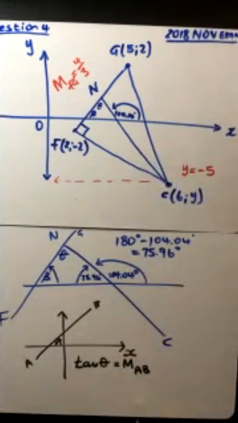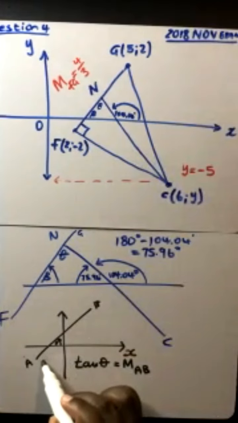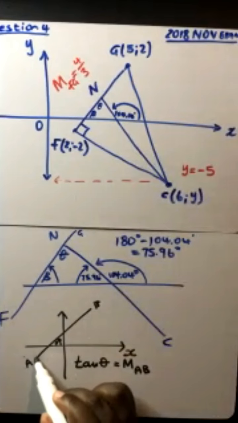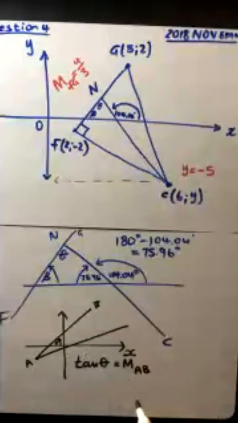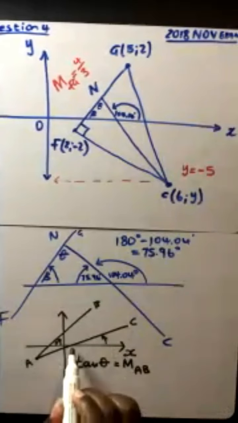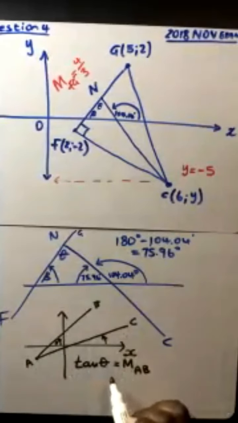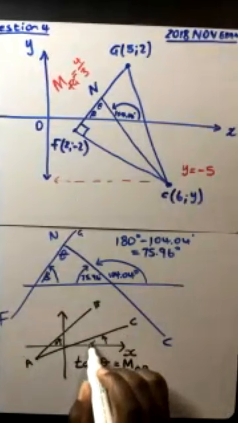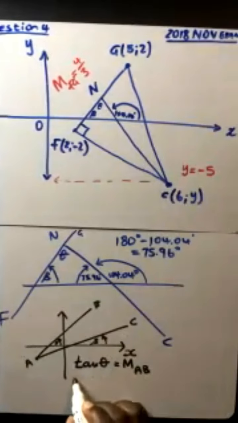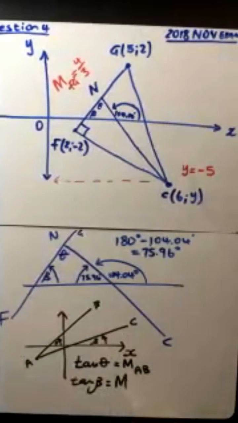I'm not sure if, ladies and gentlemen, this part makes sense. If you've got a line, for example, in that direction, and there we've got C. If you want this angle, which is formed between the x-axis and that line, let's say this is angle beta, you can say tan beta is equal to the gradient of AC.